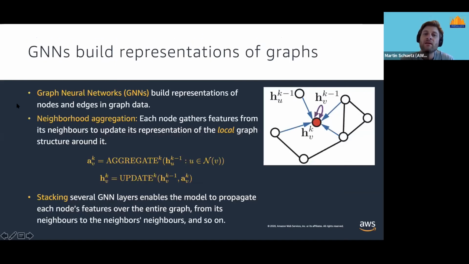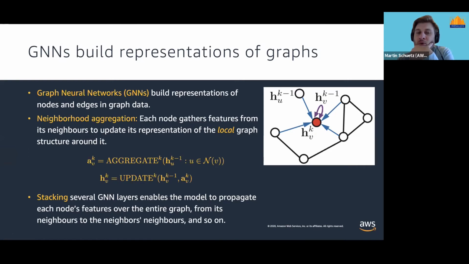And that is where graph neural networks come in and shine, essentially by building representations of nodes and edges in graph data. The way they do this is as follows. You attach an embedding vector, called h, to every node that internally represents the node.